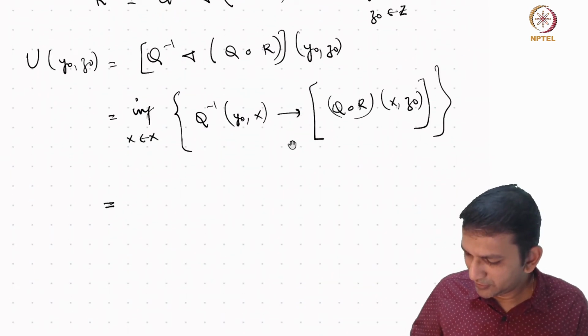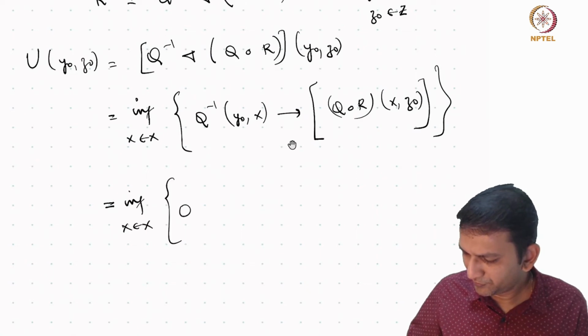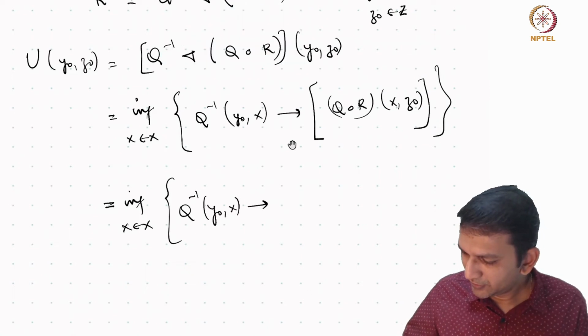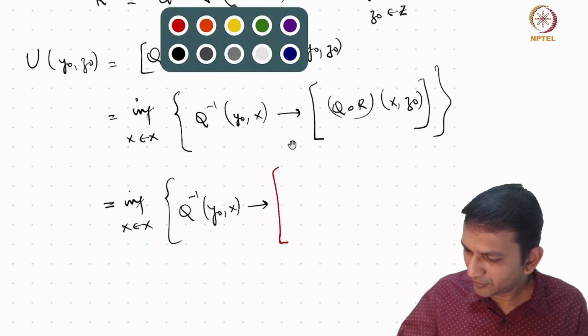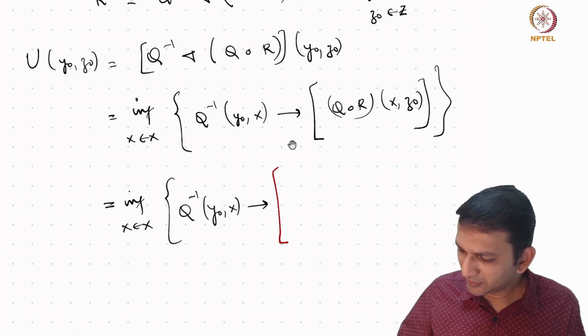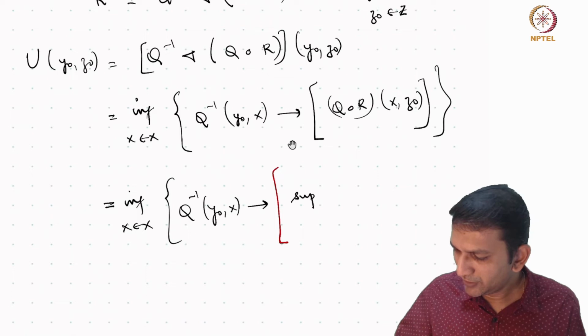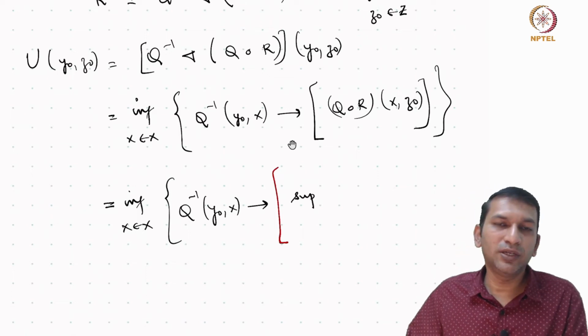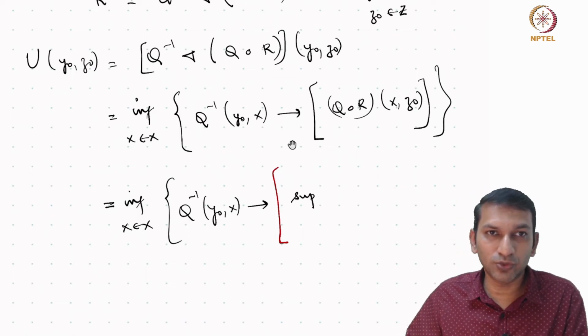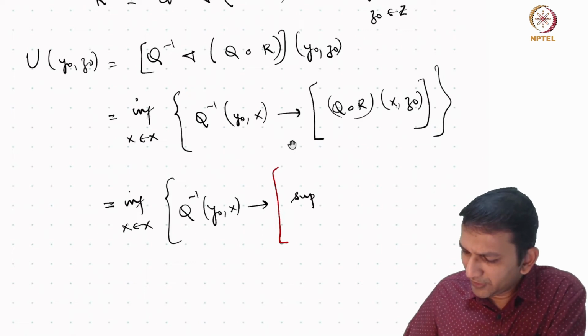now this is Q inverse of (y0, x). Let's once again expand this. This is the supremum over, remember, Q varies. Q is a fuzzy relation over X cross Y. So now x is fixed.